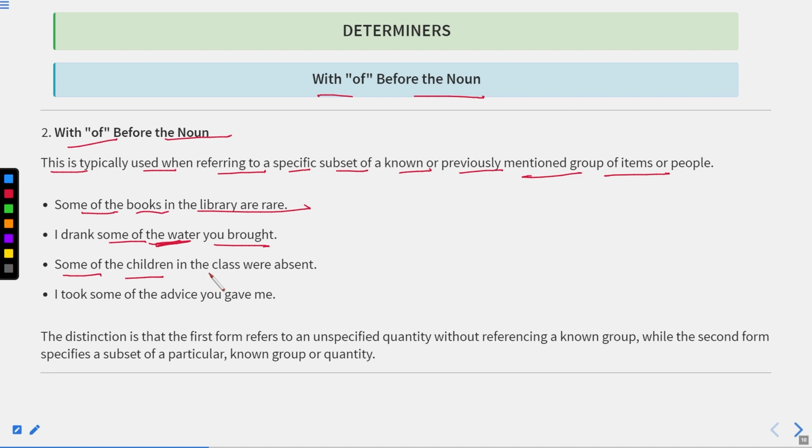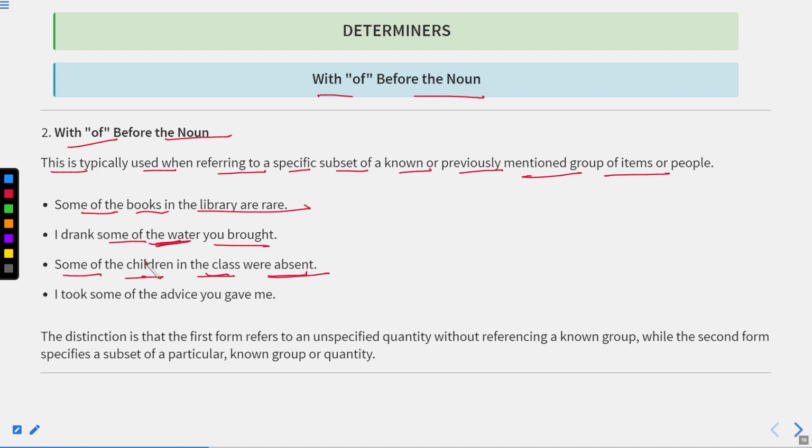Some of the children in the class were absent. So some of the children, it means a group of children in the class were absent. Now, if I say some of the children, obviously children are countable, so there should be more than one, but not many.